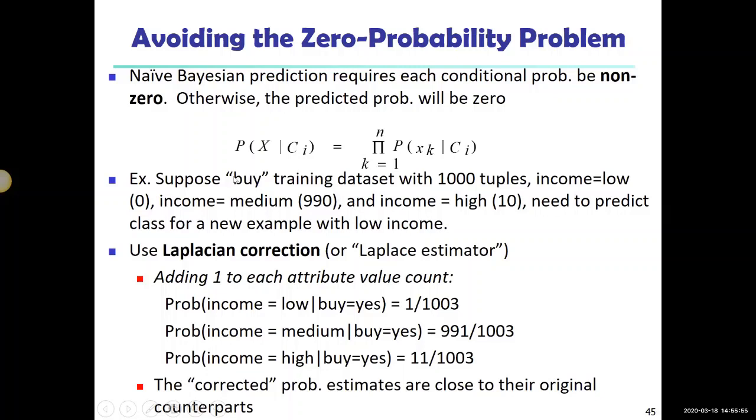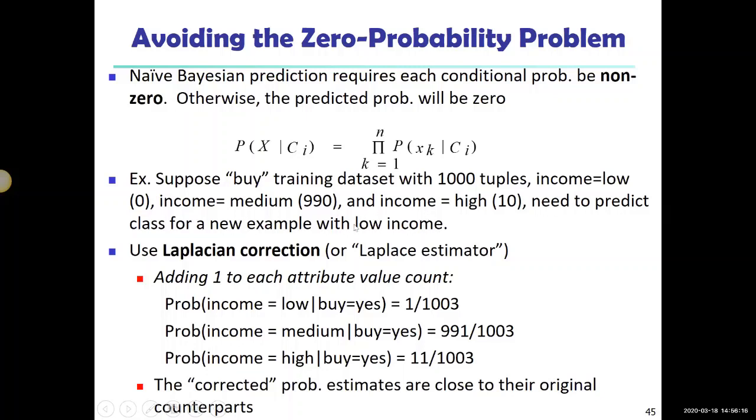So assuming that we have 1,000 tuples in our training data set, we have high and medium income, but we didn't have low. Yet our new example that needs to be classified actually has somebody who's low income.